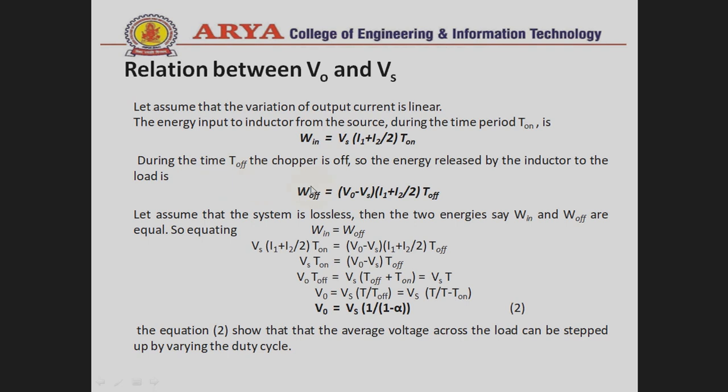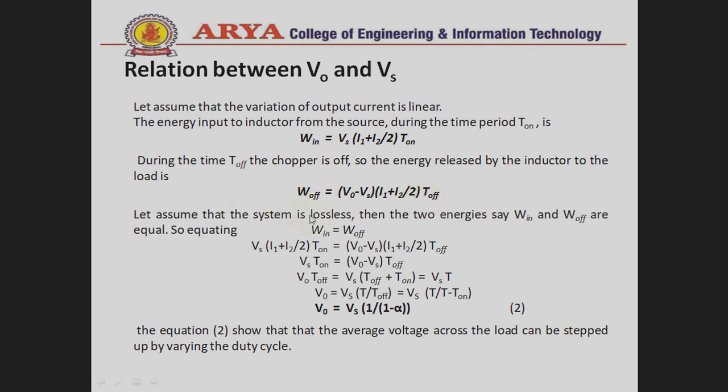Now during the time T off, the output voltage is equal to Vs plus Vl, so voltage across the Vl is equal to V out minus Vs, and average current through the L remains (I1 plus I2) divided by 2, and time period is T off.